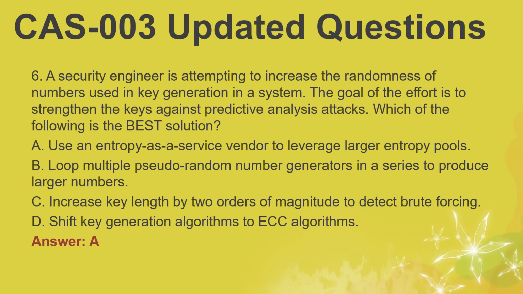A. Use an entropy-as-a-service vendor to leverage larger entropy pools. B. Loop multiple pseudo-random number generators in a series to produce larger numbers. C. Increase key length by 2 orders of magnitude to detect brute forcing. D. Shift key generation algorithms to ECC algorithms.